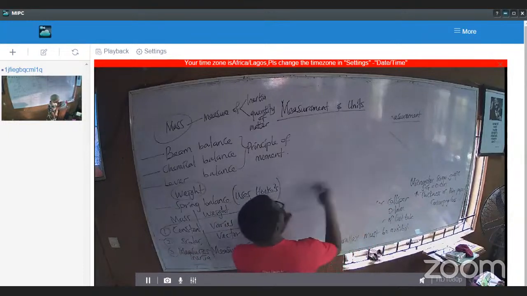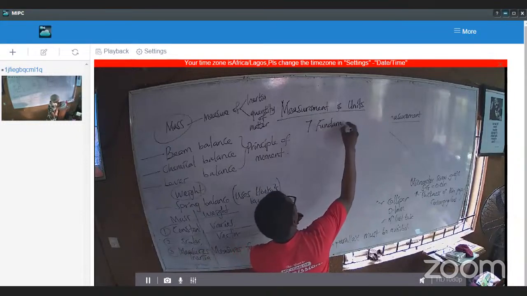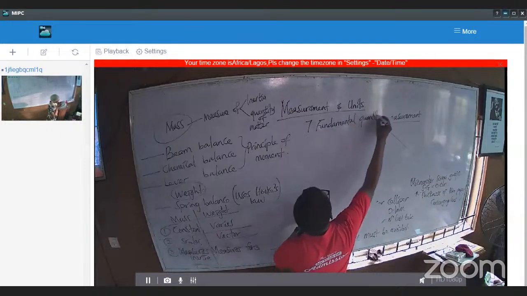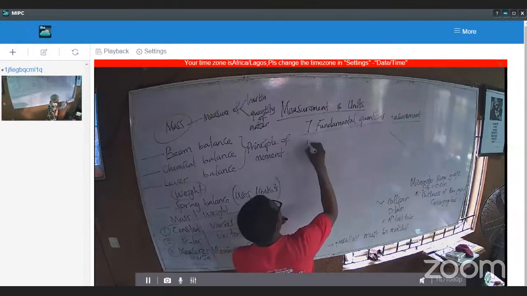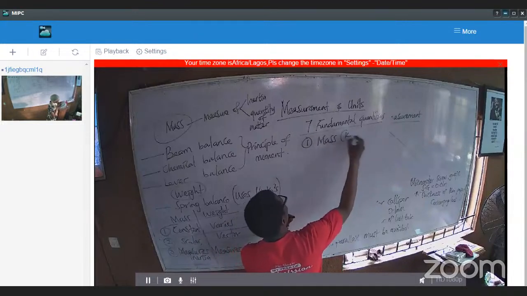Now we have 7 fundamental quantities in physics, and we have more than 1,000 derived units. Number 1, we have mass, and our mass is in kilogram.